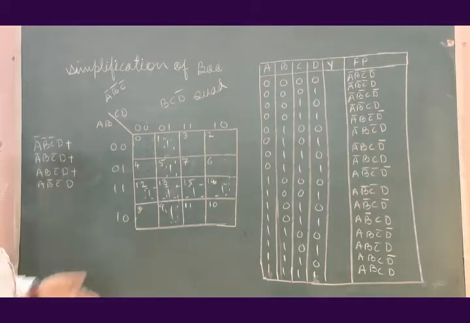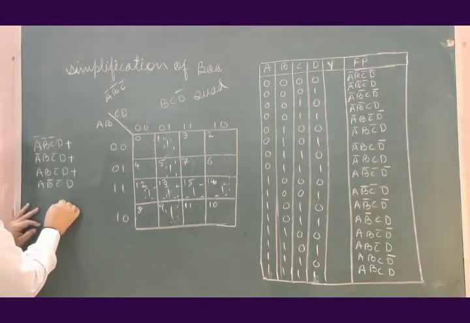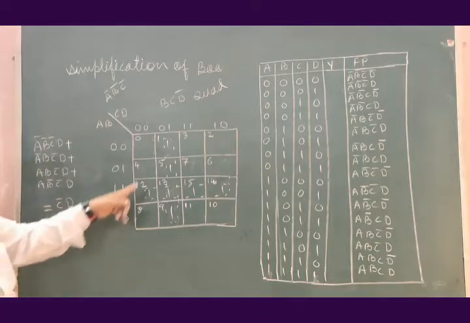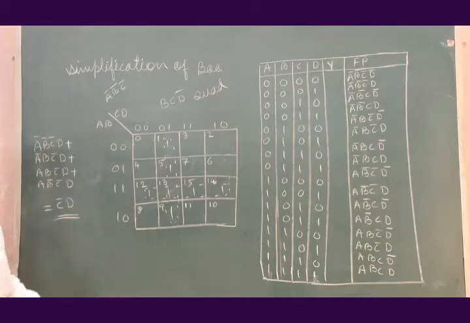And what is the equation for this quad? The equation for this quad will be simply C bar D. So this Boolean equation is simplified to this one. Very simple. It is the simplest form of this SOP equation because of the selection of this quad.